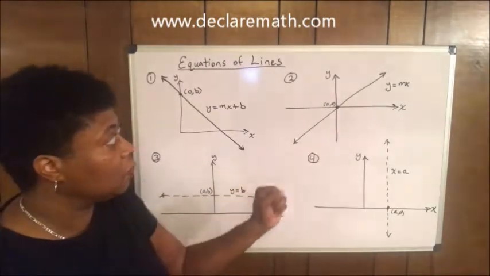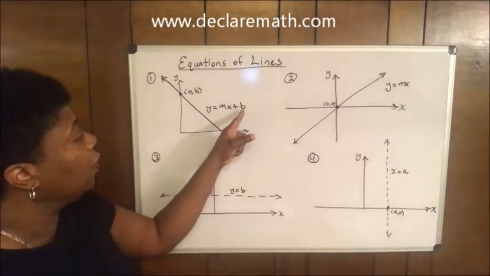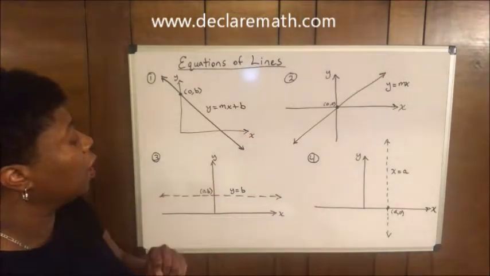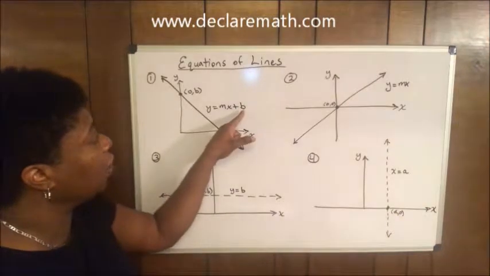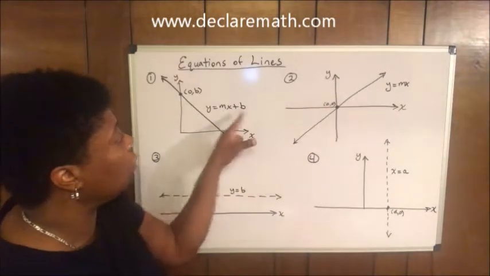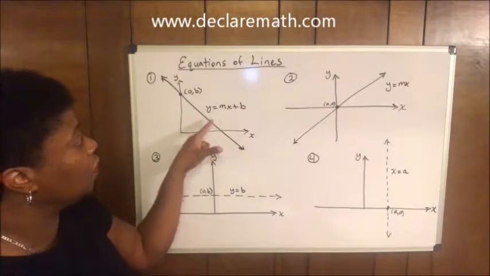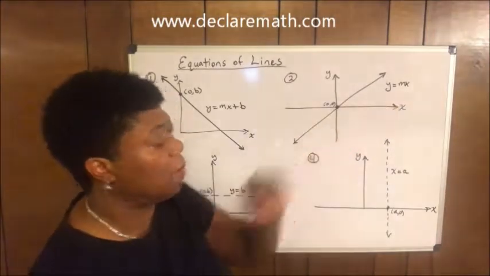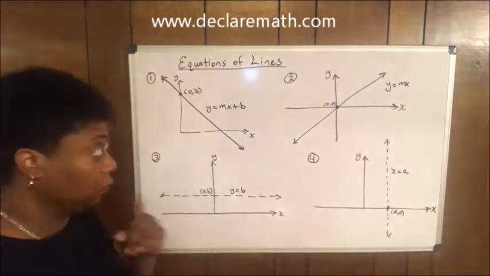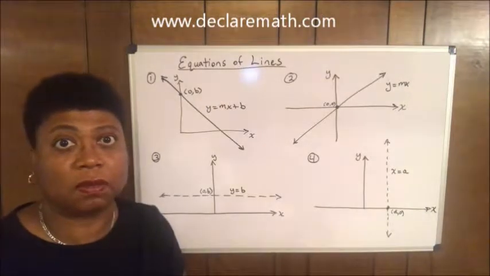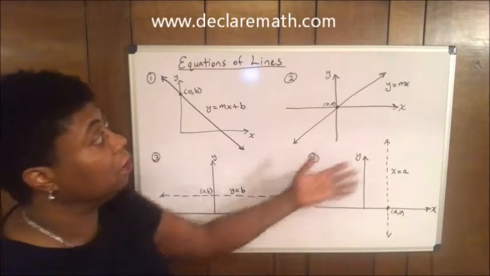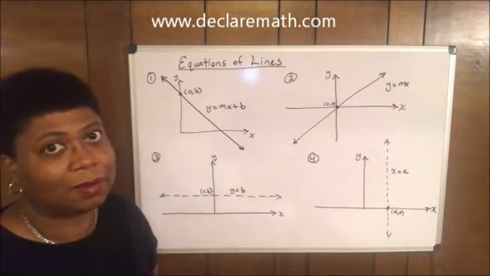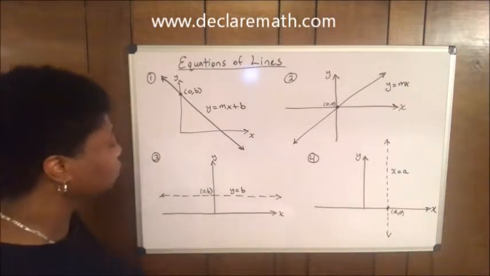When that happens, notice that your y-intercept is 0 in this equation. So this ends up being y equals mx. So it's really, excuse me, y equals mx plus 0. Okay, so you're not going to have a 0 hanging there, so it's y equals mx.